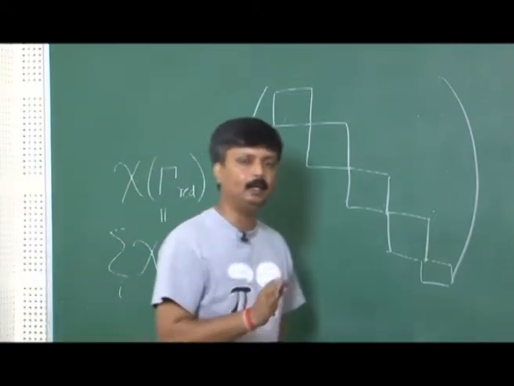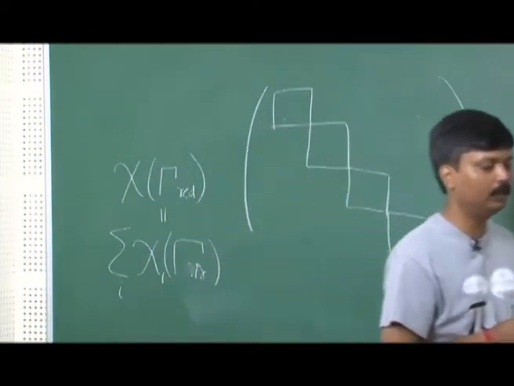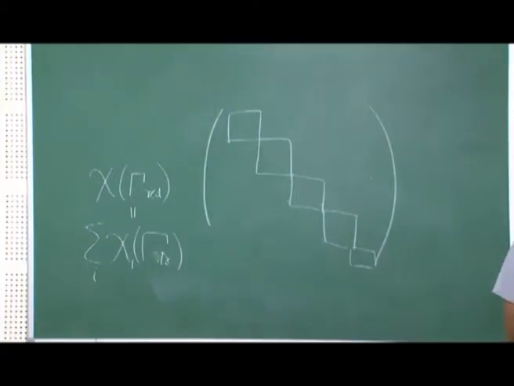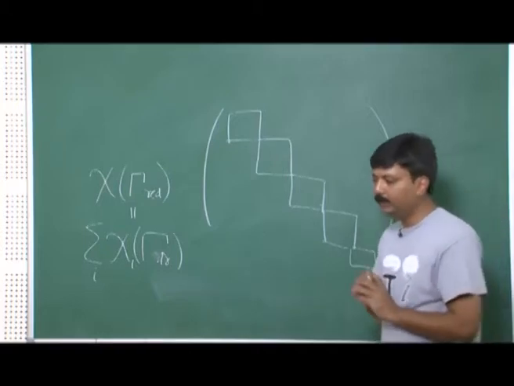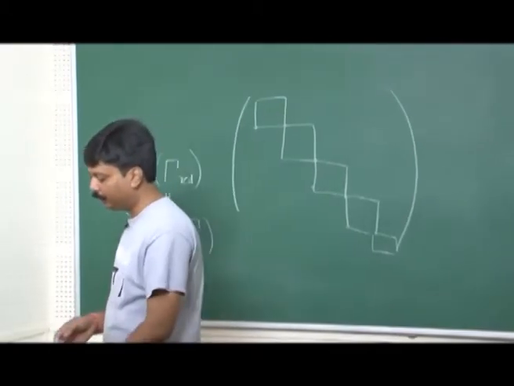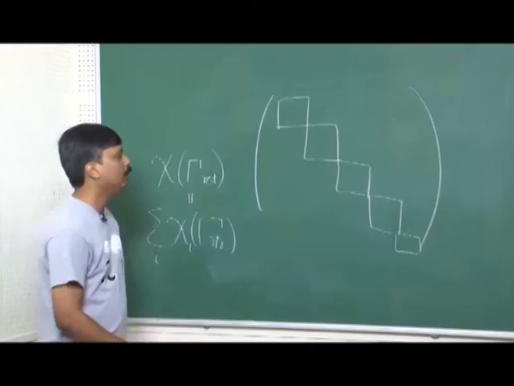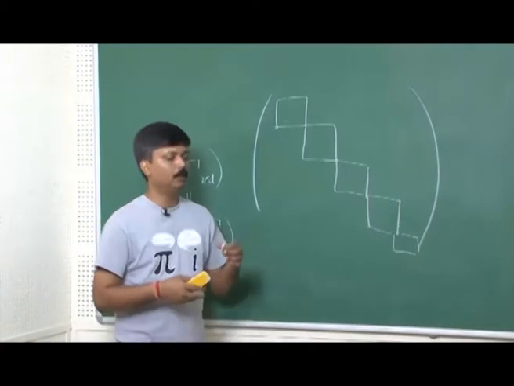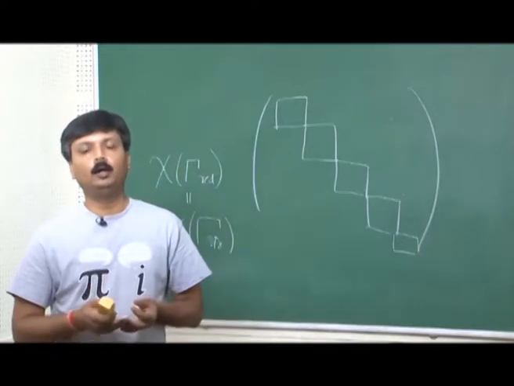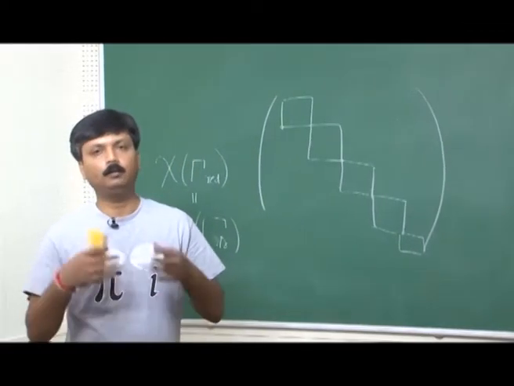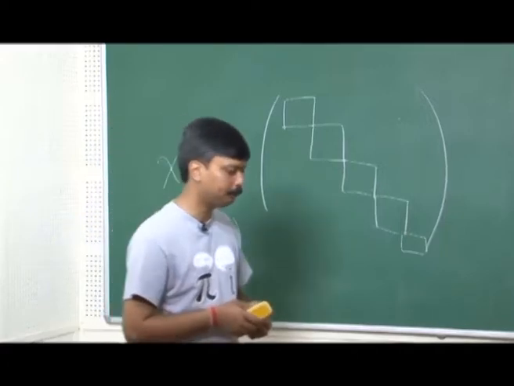That is the nature of this matrix representation. So after reducing, the character doesn't change. That is a very good thing for us, because that will give us a way out to reduce any given representation.